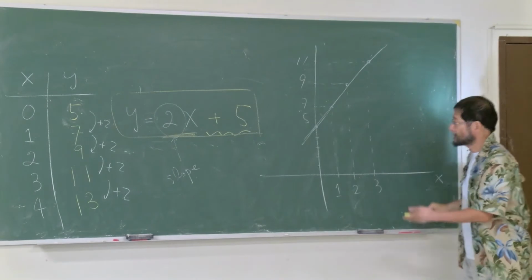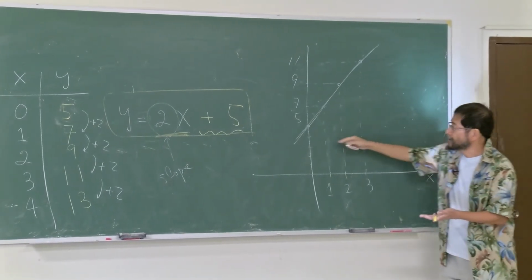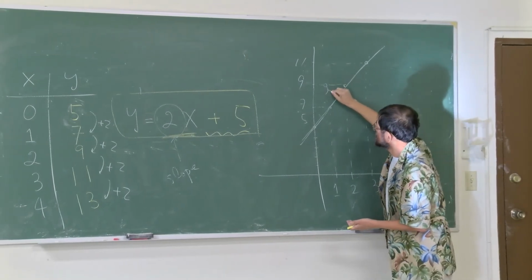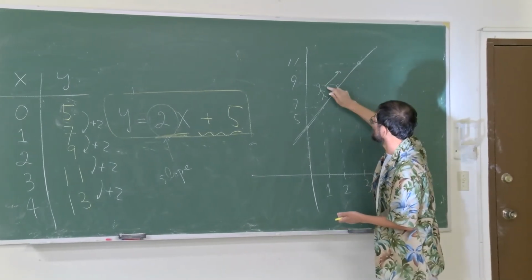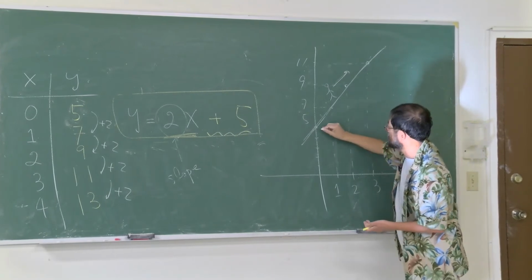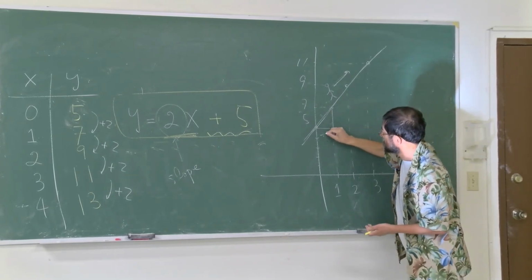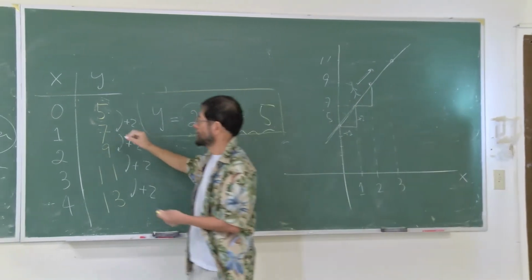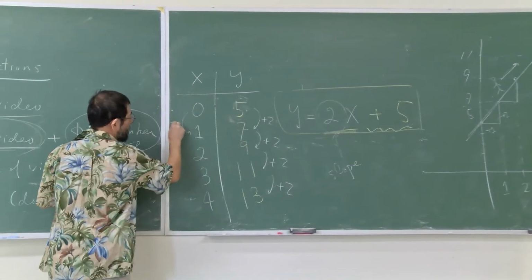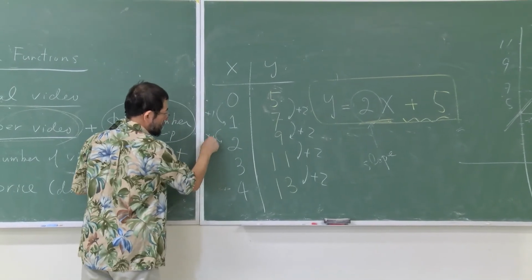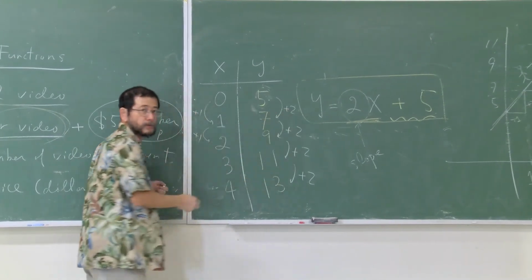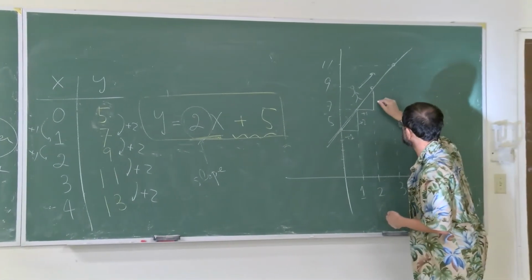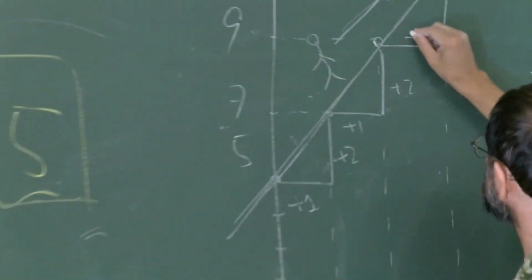The slope just tells you how steep this line is. So just imagine you are walking on this line here. Then for each increment for x is 1, the increment for y is 2. So it's 1 and 2, 1 and 2, and 1 and 2.